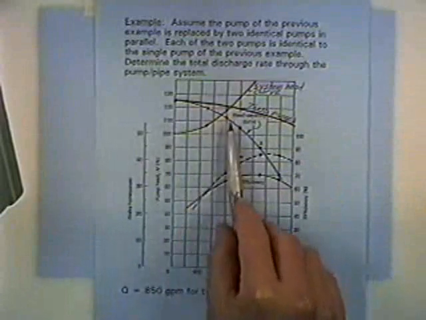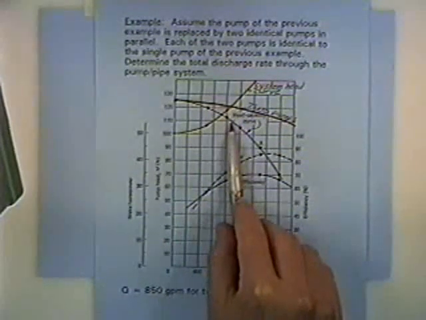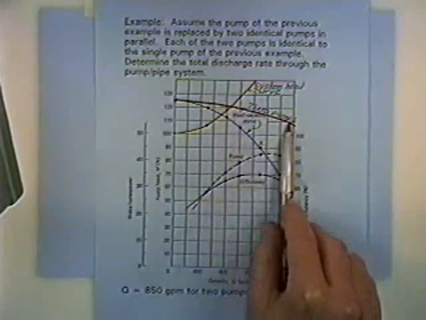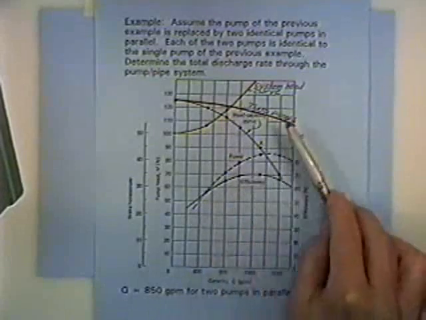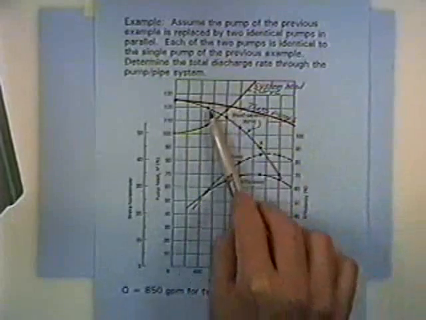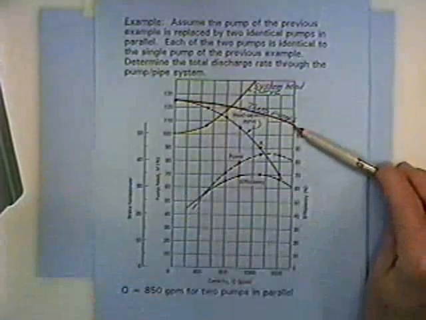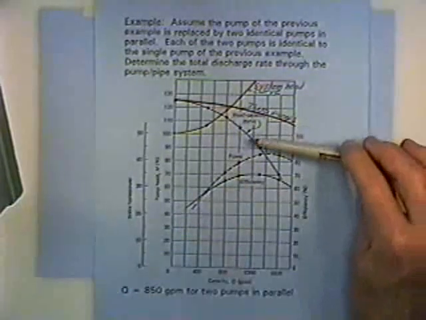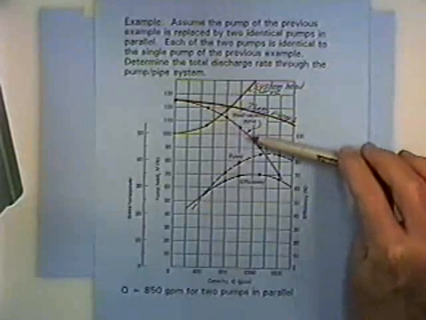For 110 feet, we get a discharge of this amount coming through this pump, and the same discharge, which I add to it, coming through the other pump. For any given head, the discharge for the two pumps is just twice as much as the discharge for one pump. So the red curve, for any given head, has a discharge twice as much as this basic single pump head capacity curve.